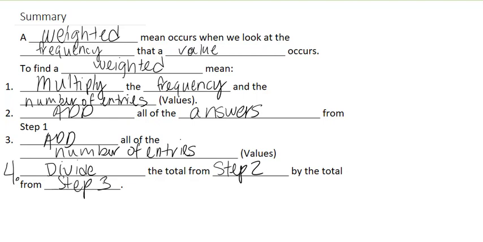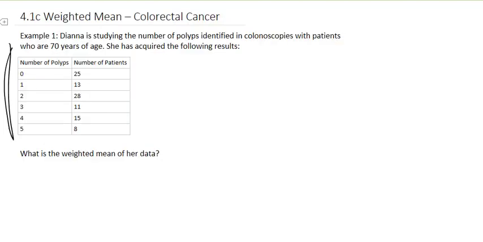So let's go back to our problem and follow these steps. The first step is to multiply each line, these two numbers together. So we would first multiply 0 times 25, which is 0.